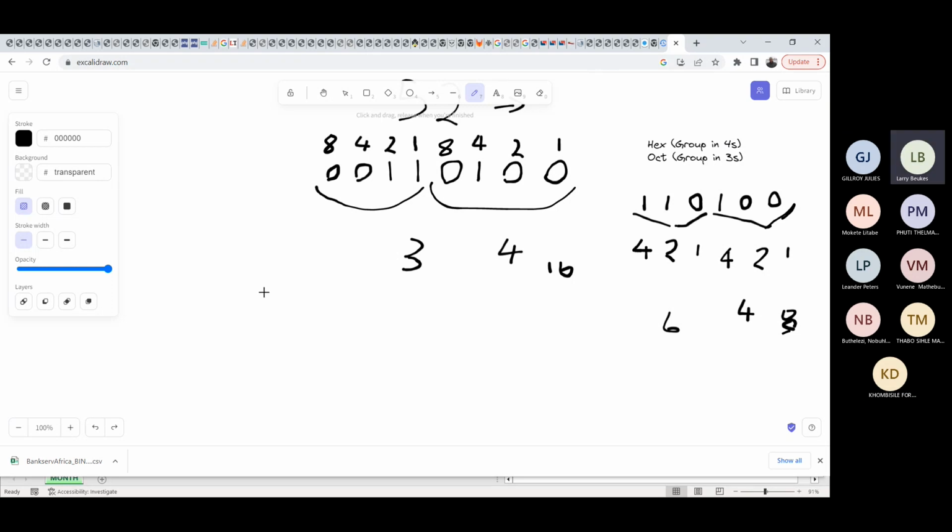These simple things, you just need to know these rules, and then they will help you a lot. 1 plus 0, it's a 1, right? 1 plus 1, it's a 0, carry 1, right? So it's going to be a 1 here.